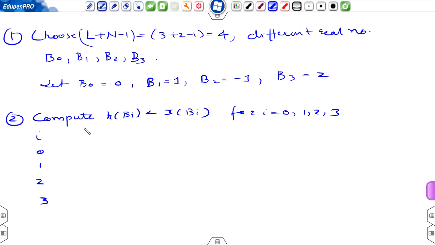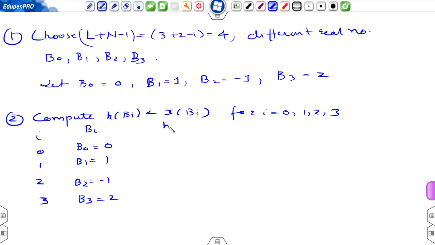We have to compute this value. So beta 0 will be 0, beta 1 will be 1, beta 2 is -1 and beta 3 is 2.